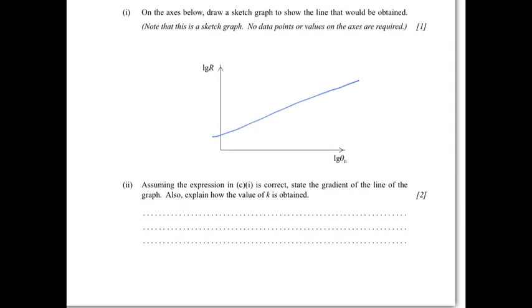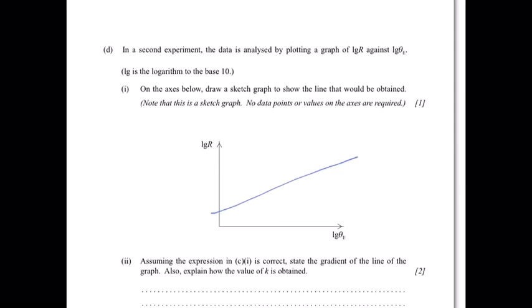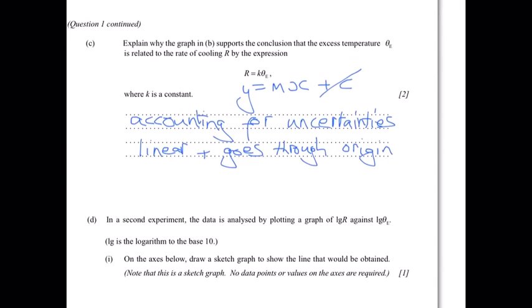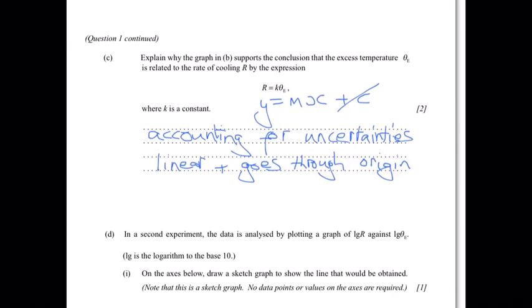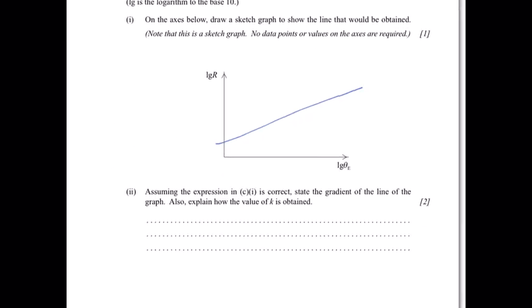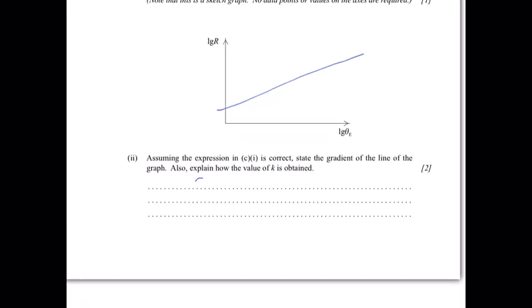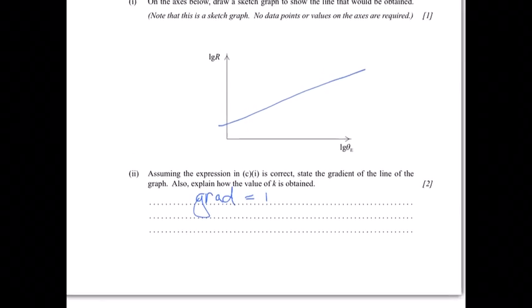Whenever we plot a log graph of two variables like this, the gradient should give us the expected power relationship. Here we can see that R and theta E have no power relationship, so we'd expect the gradient to be equal to 1. In attempting to verify the relationship, we've plotted a log-log graph of each side.